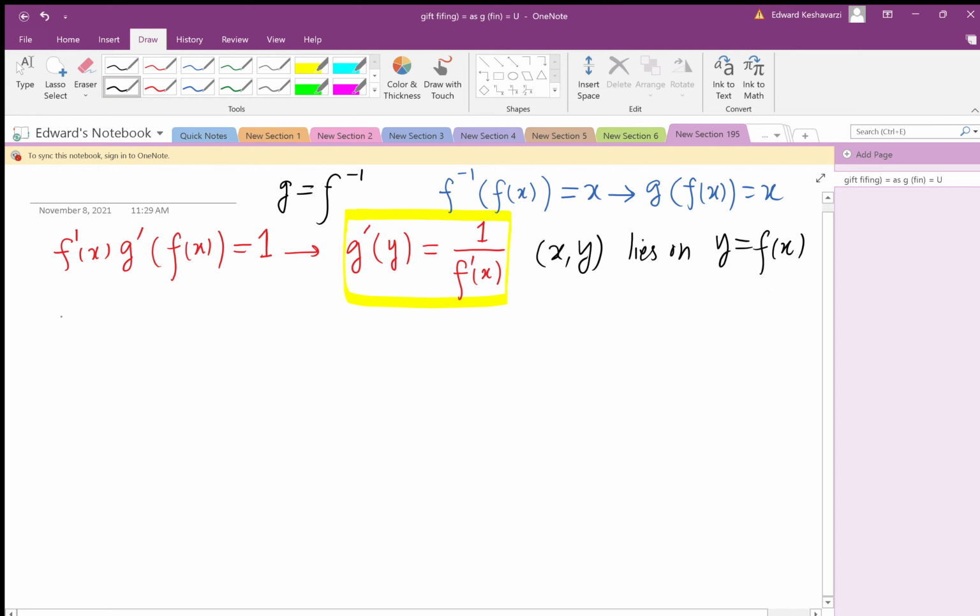So if f of x equals x cubed plus x, we are going to find g prime at 2. So g also, we know that it is inverse function.